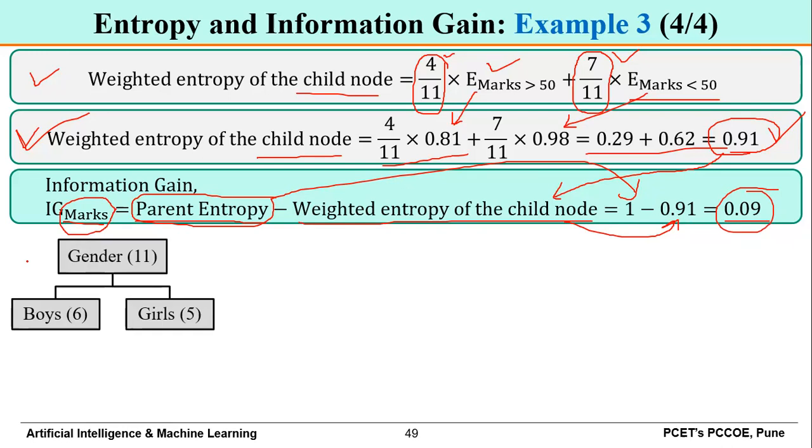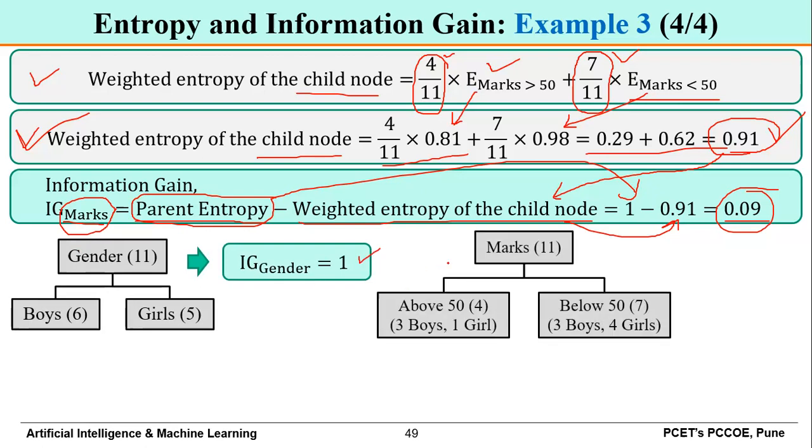So when we create a decision tree based on gender, we get its information gain value as 1, and when we go for a decision tree based on marks, we get its information gain value as 0.09. And as I have mentioned again and again, if the information gain value is higher, the decision tree is better, or that split is better.